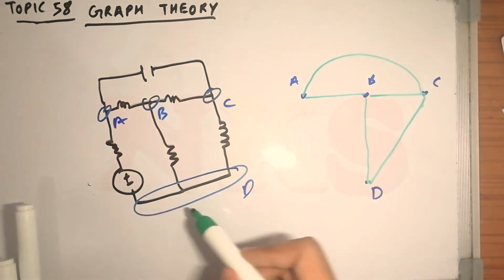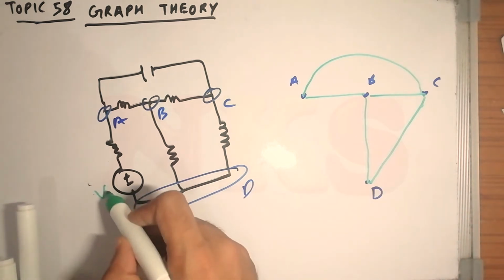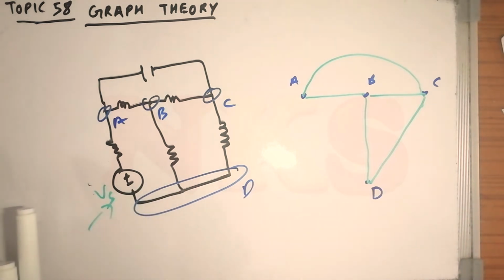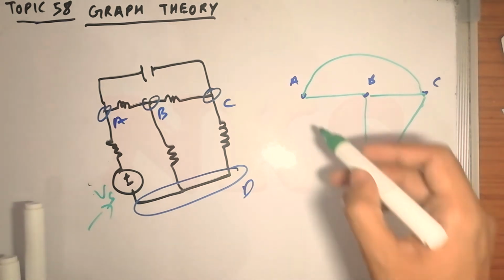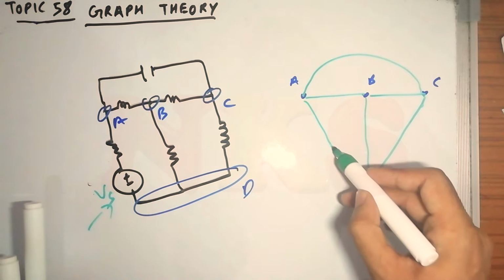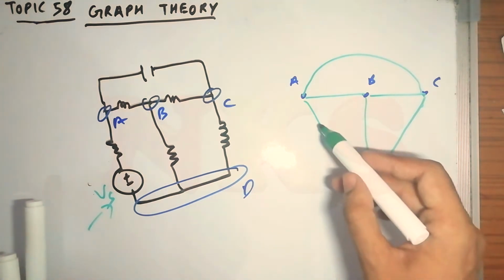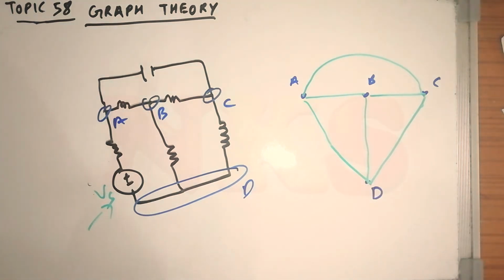Between A and D there is a voltage source, and I am assuming it is an ideal voltage source, so its impedance is what? Yes, zero only. So it is also represented by a single line. That is how you draw the graph of a network.